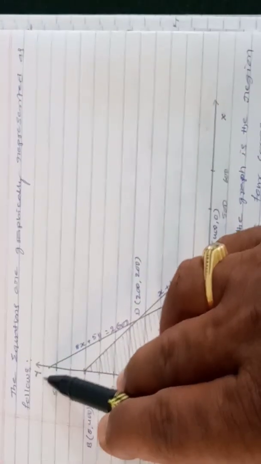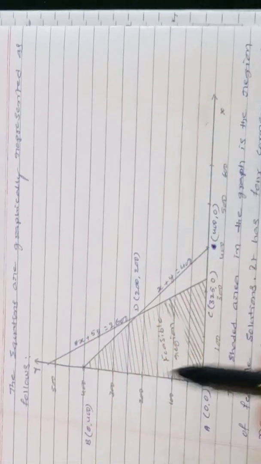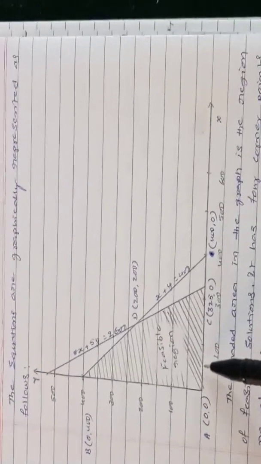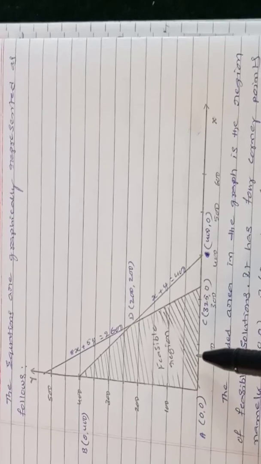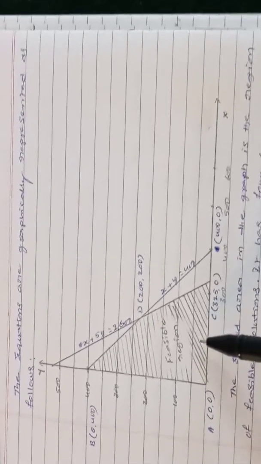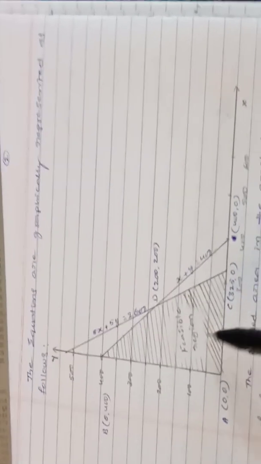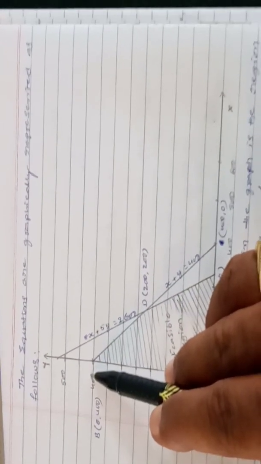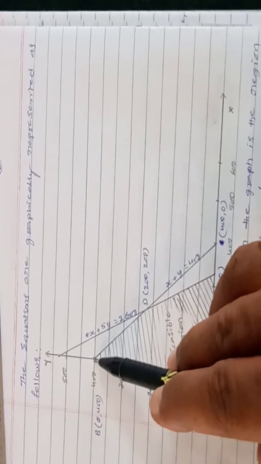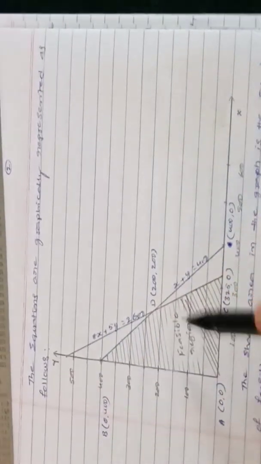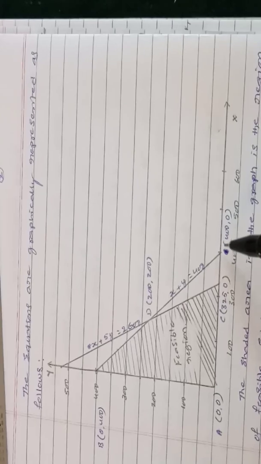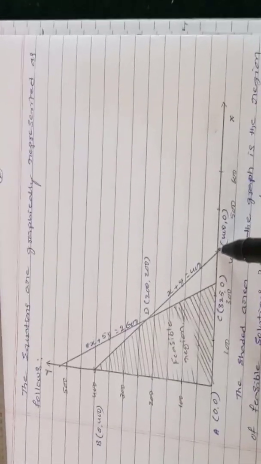We can get the graphs of the lines. You see, it is the x axis and it is the y axis. For x plus y equal to 400, where x equal to 0, y is 400, take that point here, and where y equal to 0, x is 400, take the point here.